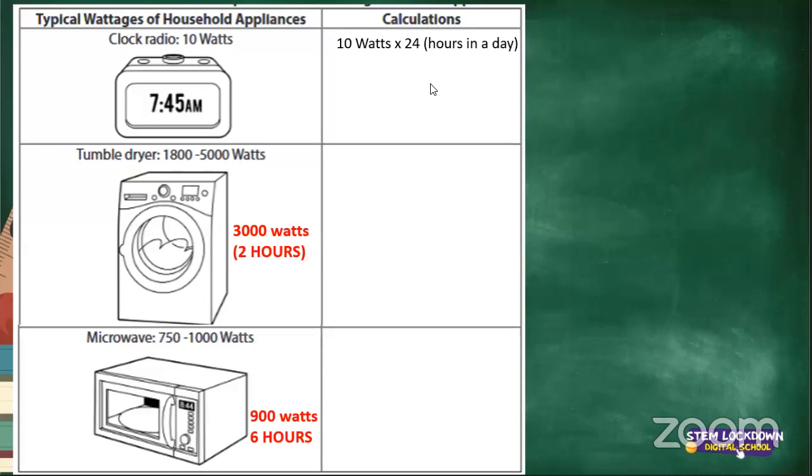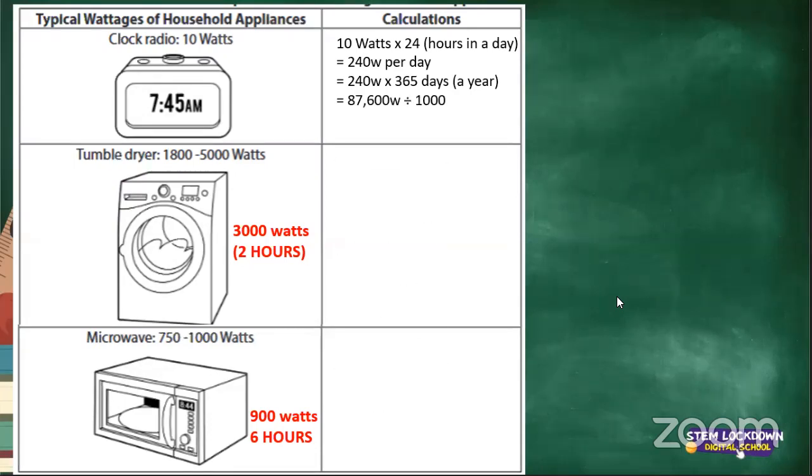All right, so with the alarm clock, 10 watts times 24 hours, because it is on the whole day, we times it by 24 hours, and we get 240 watts per day. So 10 times 24 will give you 240. Now, to calculate how much we utilize the clock throughout the entire year, we need to times it by 365 days.